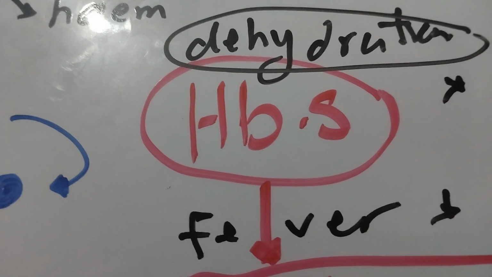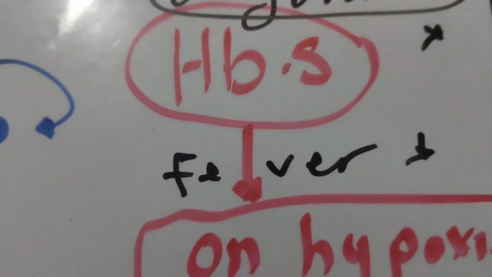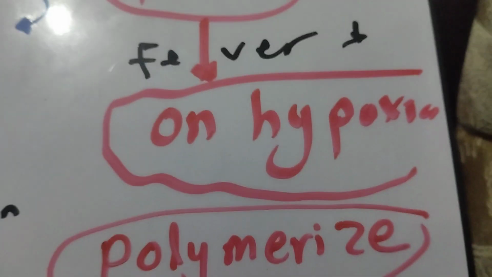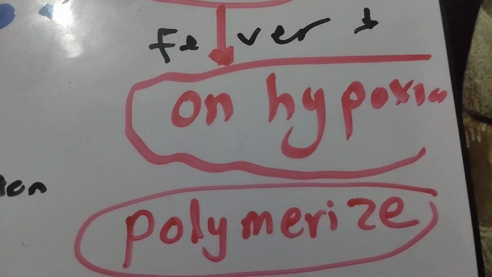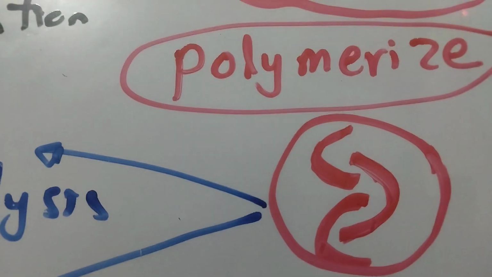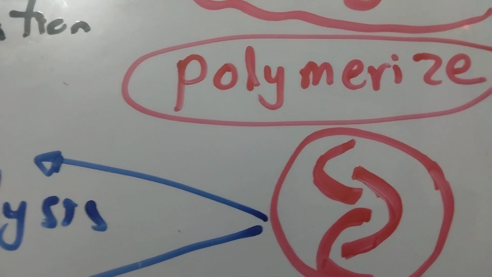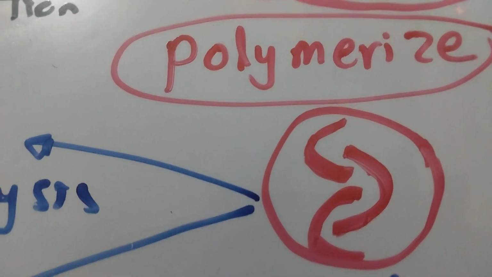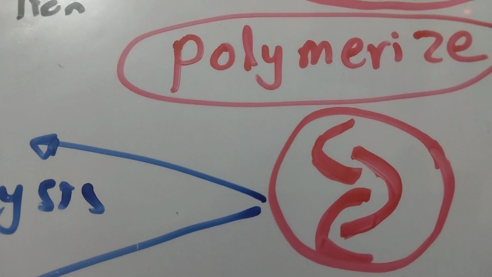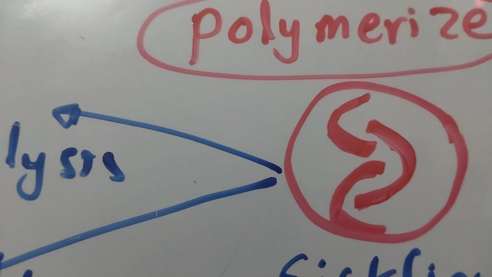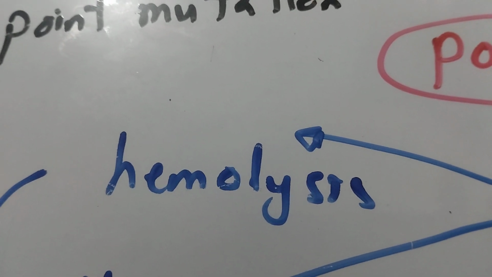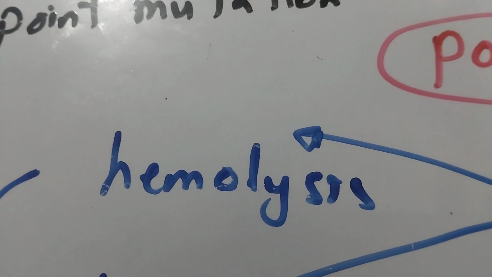On exposure to stress like dehydration, fever, or hypoxia, this hemoglobin S polymerizes. What is the meaning of polymerization? It accumulates in this shape. The hemoglobin S becomes sickled, and the RBCs become converted from their normal biconcave, disc-like shape into this sickle shape, and this sickle shape is detected by the spleen as foreign, and there is hemolysis.